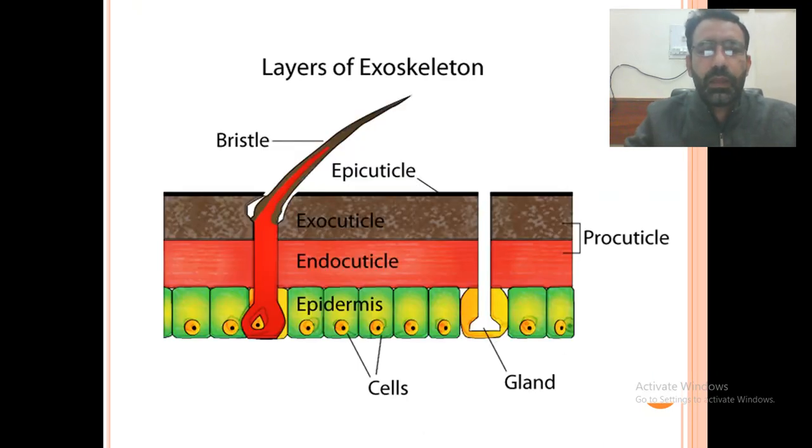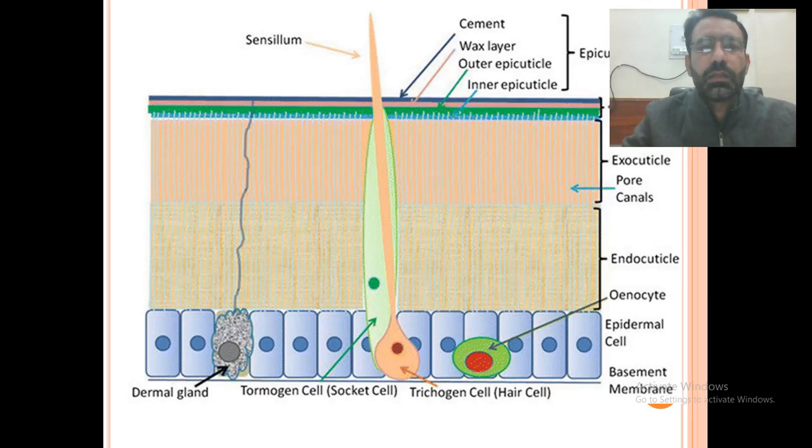Here is the structure of a typical and simple cuticle. It is composed of cuticle, epidermis, and basement membrane. Here is a detailed structure of the integument of an insect.